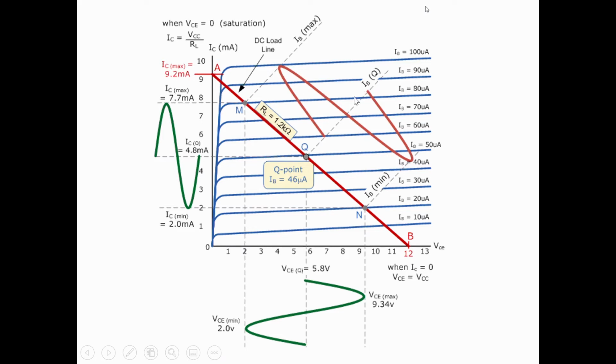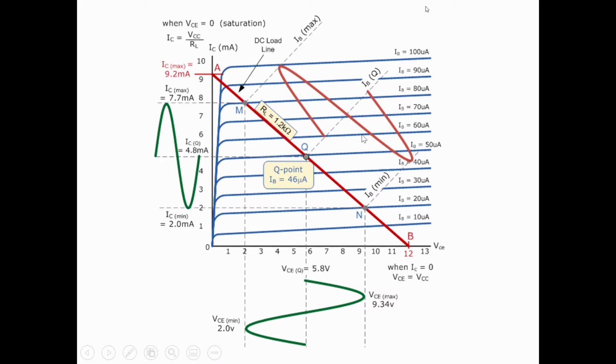Then we get the related IC current in milliamp. Remember, we said a small current to the base will give a large current at the collector. Now this collector current is in milliamp, this is in microamp.